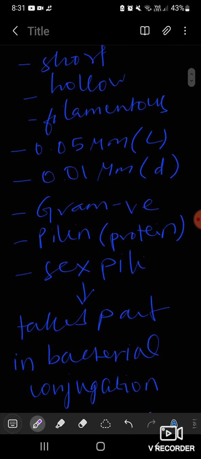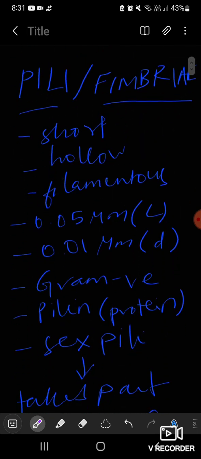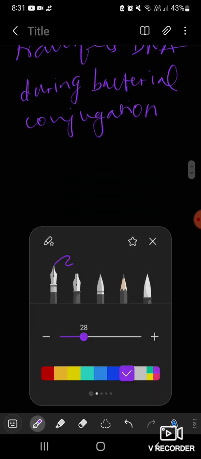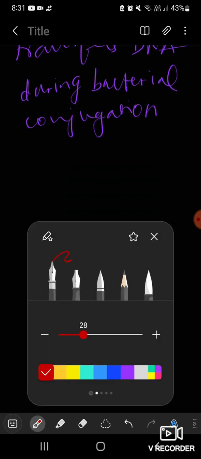So that's it for pili or fimbriae, and now we will move on to the next part, that is the capsule.